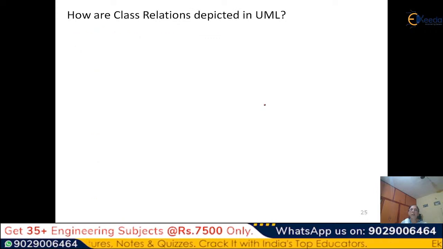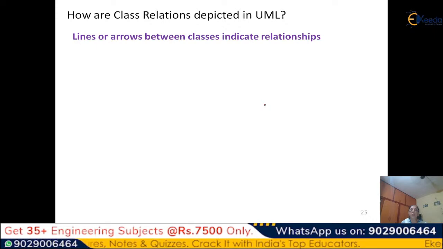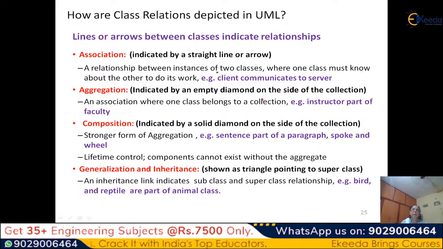How are class relations depicted in UML? We provide some kind of lines, but there is some notation about the lines, how you will write. If you want to give association, that is a has-a kind of relation, then you denote it by a straight line or an arrow.